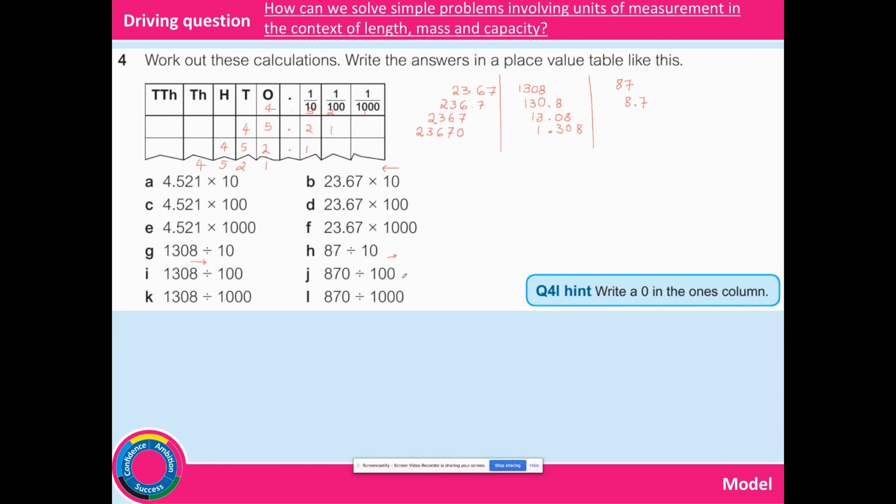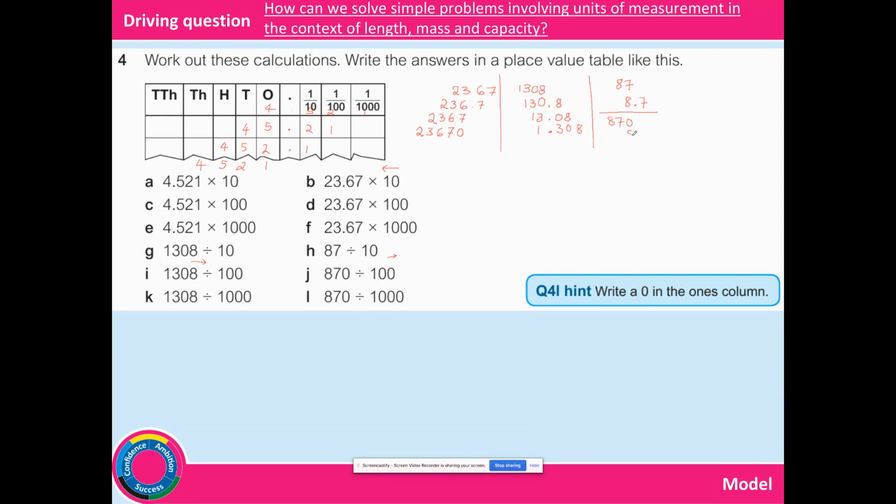870 divide by 100. Right, I need to rewrite this one. Okay, 870. And I'm going to divide by 100. 2 zeros, so 2 places. Here's my 8, 1, 2.